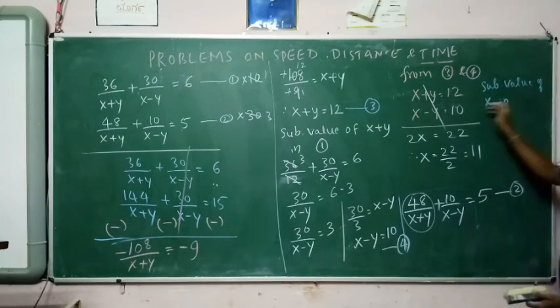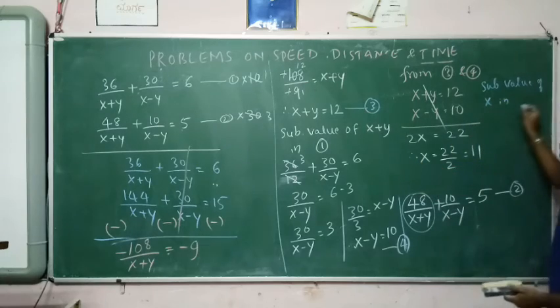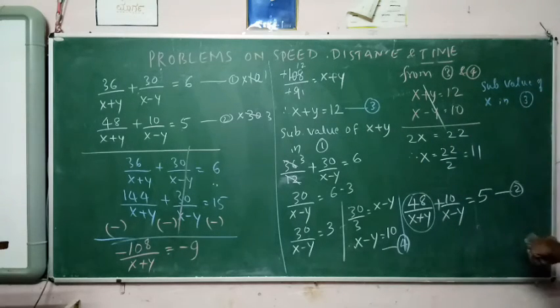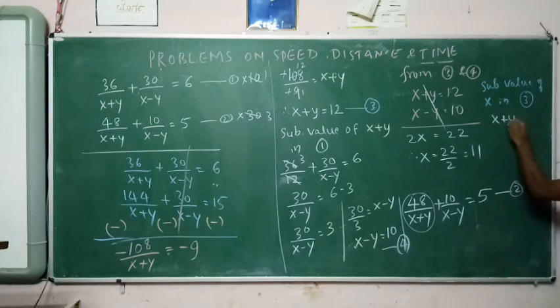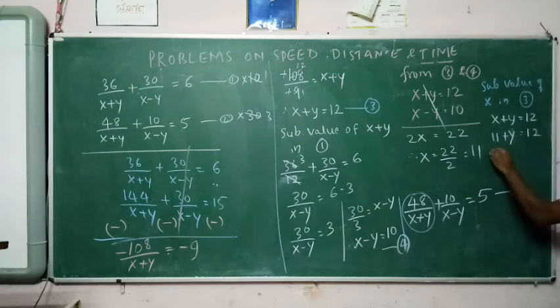I can say equation number 3. Equation 3 says x plus y is equal to 12. x means 11. 11 plus y is equal to 12. Therefore, y is equal to 12 minus 11. Answer is 1.